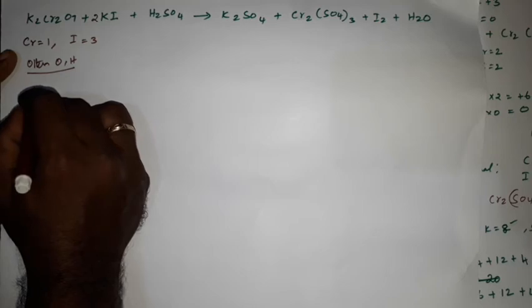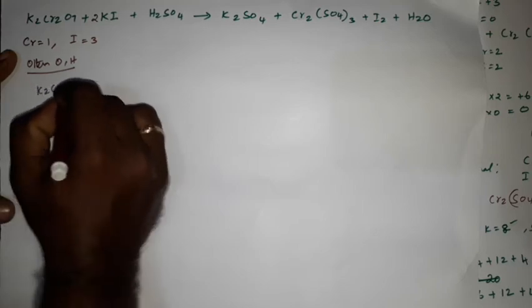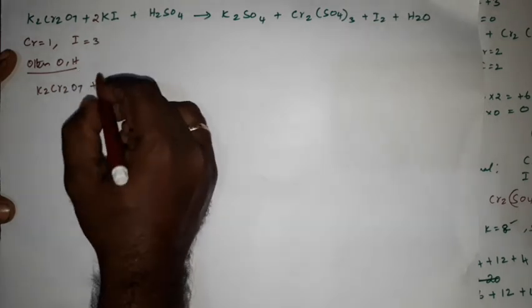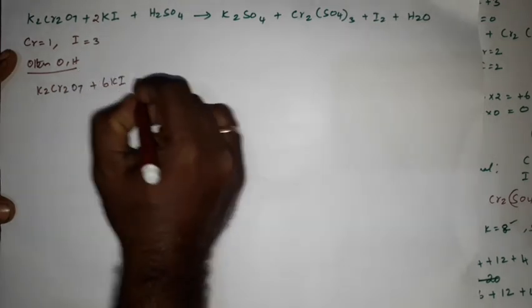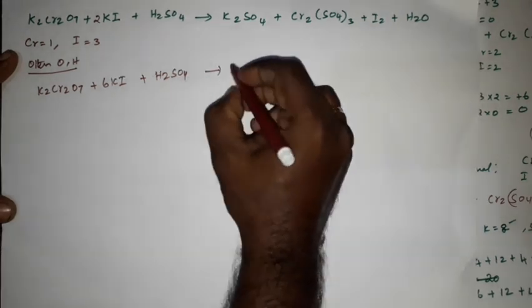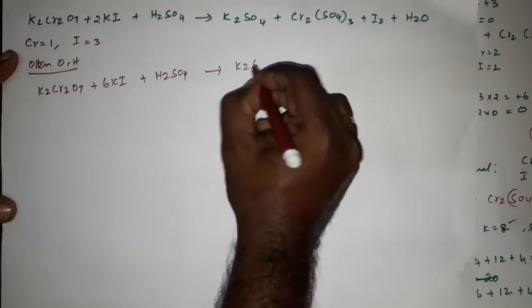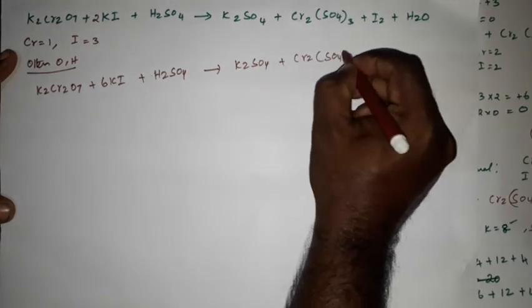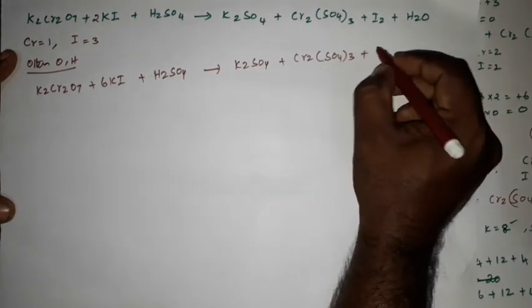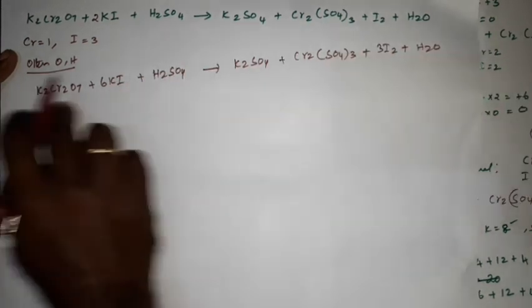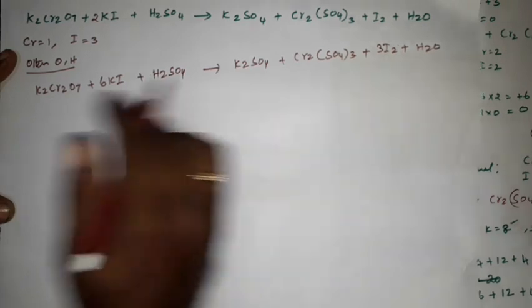So first potassium: K2Cr2O7 plus, here you have to use 3 for iodine, so 6KI plus H2SO4 gives K2SO4 plus Cr2(SO4)3 plus 3I2 plus H2O. Clear? Up to here I think you understood.